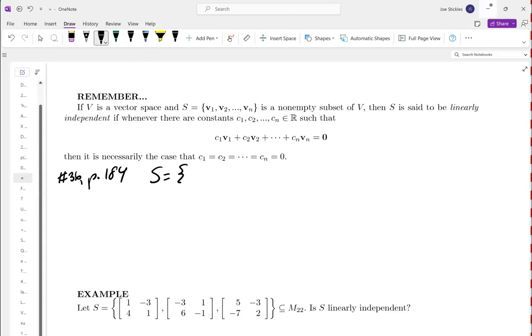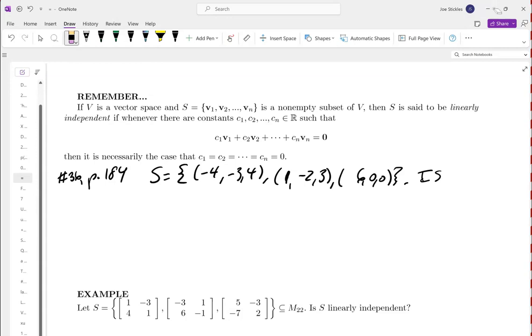They give you a set of vectors in R3, and that set is (-4, -3, 4), (1, -2, 3), and (6, 0, 0). And the problem asks, is this set linearly independent? I'm going to abbreviate linearly independent as LIN IND, mainly because we know that I'm lazy.